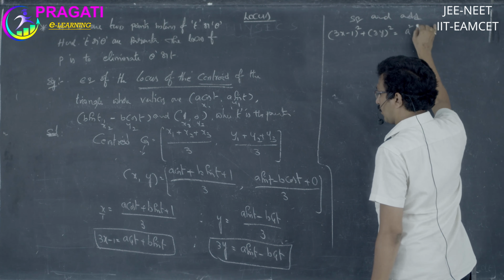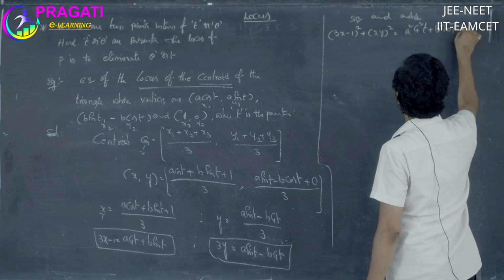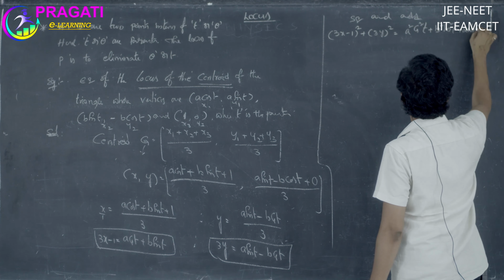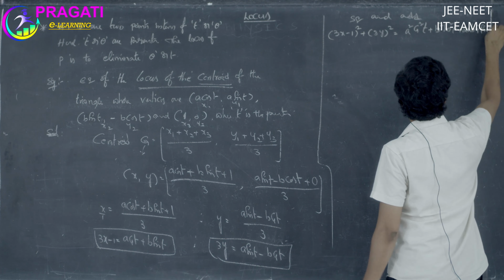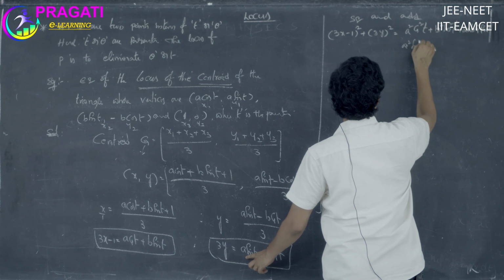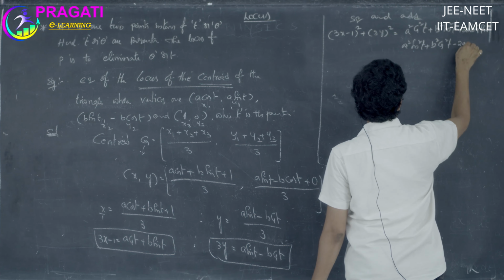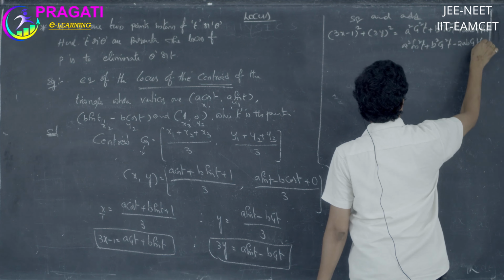a square cos square t plus b square sin square t plus 2ab cos t sin t, and squaring, a square sin square t plus b square cos square t minus 2ab cos t sin t.